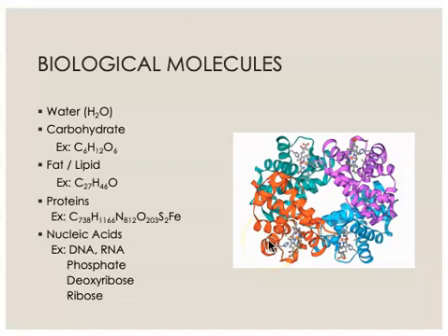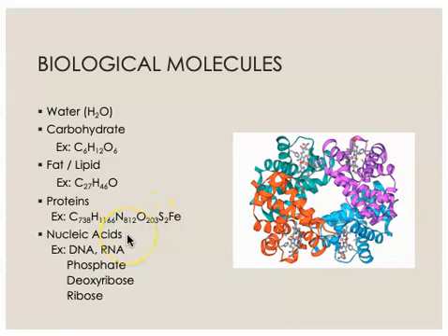Look at what's inside hemoglobin: carbon, hydrogen, nitrogen, and oxygen, as well as 2 atoms of sulfur and 1 of iron. The vast majority of the atoms in this molecule are made out of the 4 key elements.